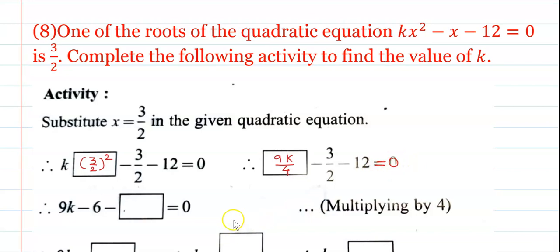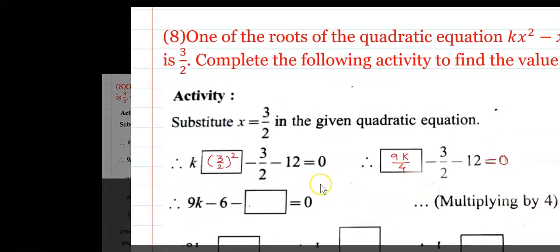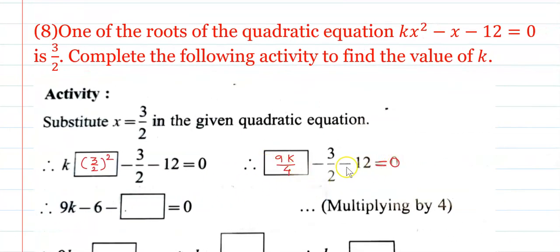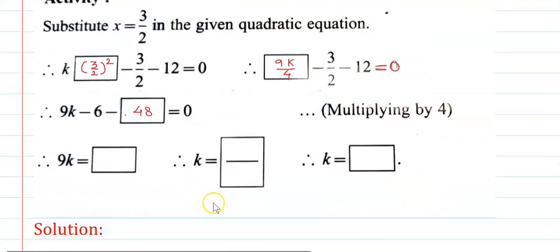Now the next, after simplification, if you multiply the whole equation by 4, 9k by 4 into 4, you will get 9k. 3 by 2 into 4, you will get minus 6, and 12 into 4, you will get 48. The next simplification, you will get 9k is equal to 54.